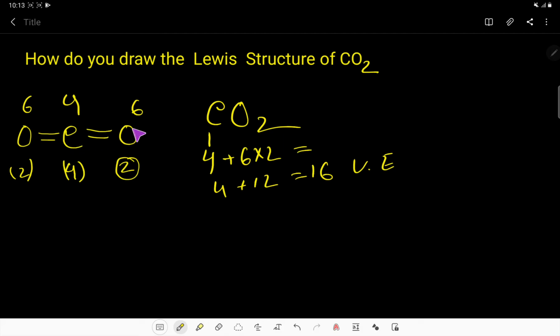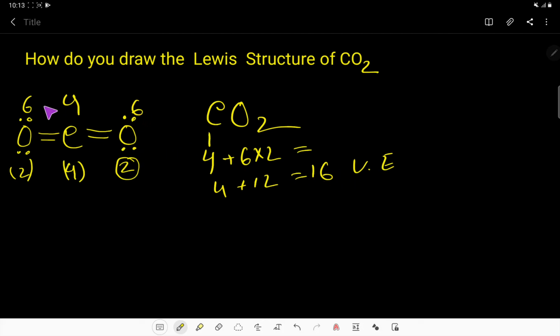the octet rule, but this oxygen still doesn't satisfy the octet rule. So this oxygen has 2, 4, so it will take 4 more, so 2, 4, 6, 8. So now this oxygen has 8 valence electrons and this oxygen has 8 valence electrons. Look, in this structure we totally have 16 valence electrons.